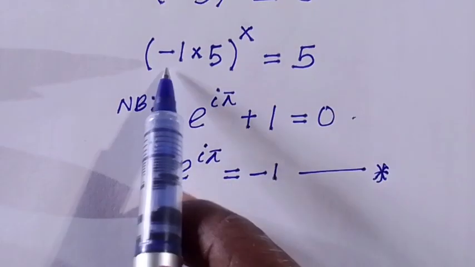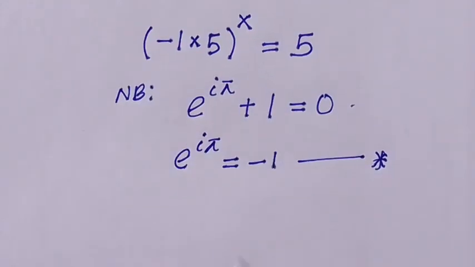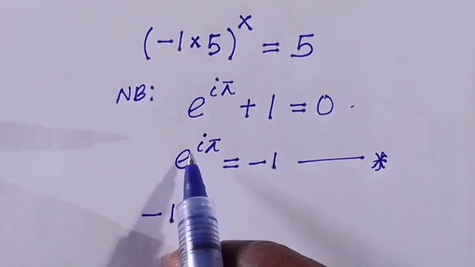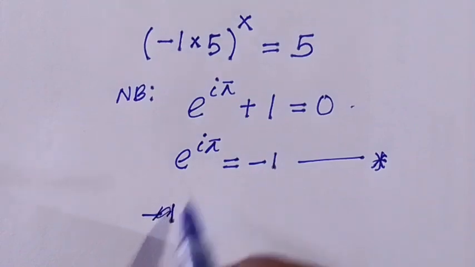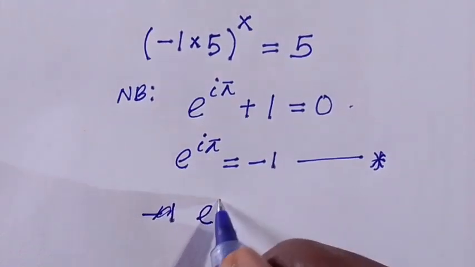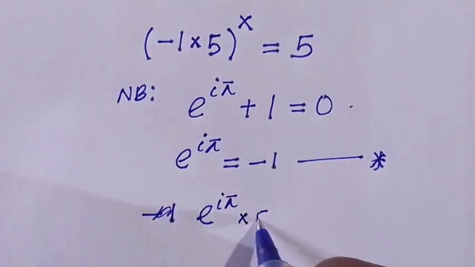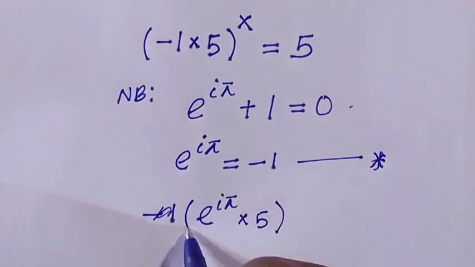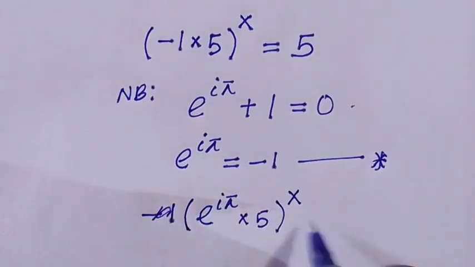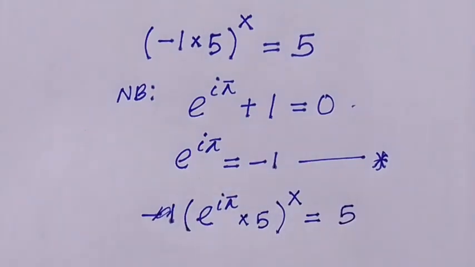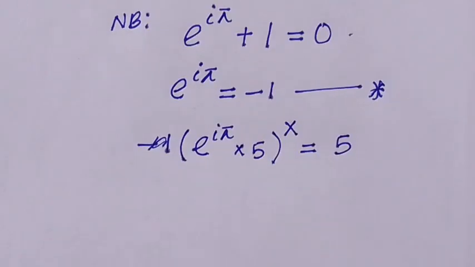So since we already know this, we try to replace it here, as we have minus 1, which is this. Then we replace it with e to the power of i pi multiplied by 5, all raised to the power of x equals 5.